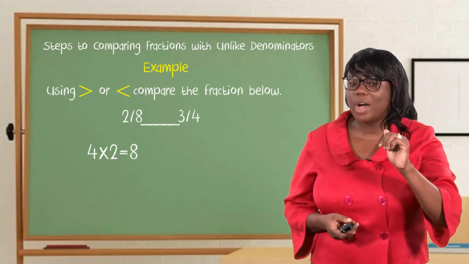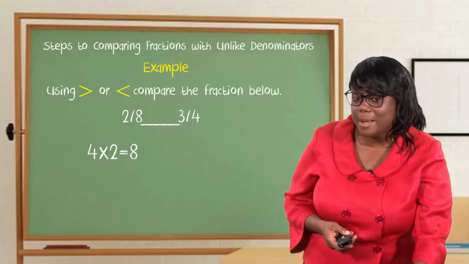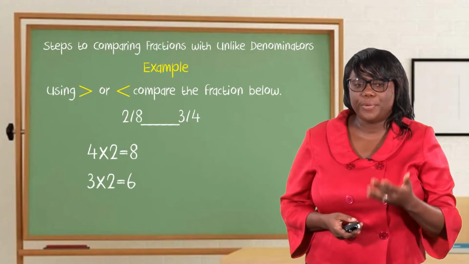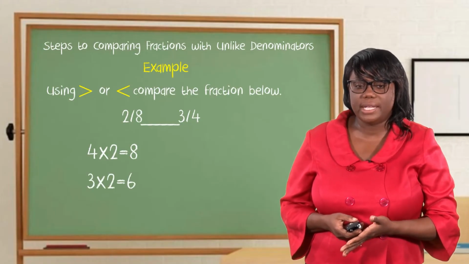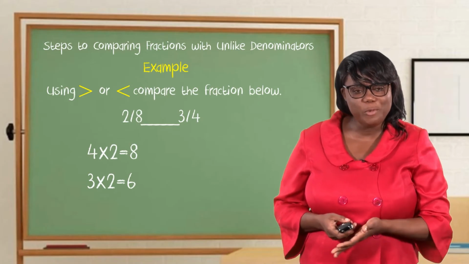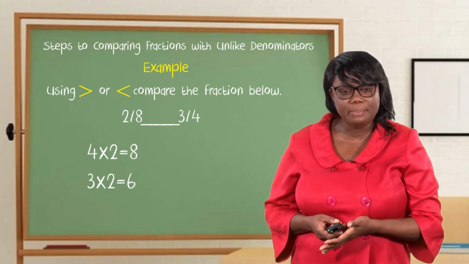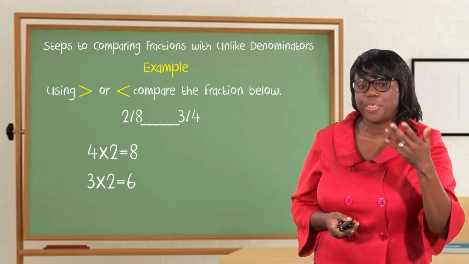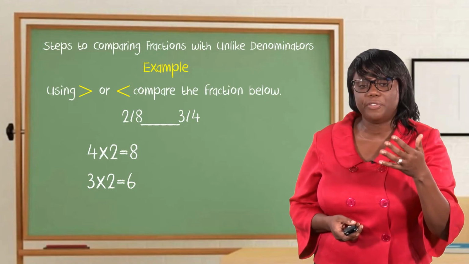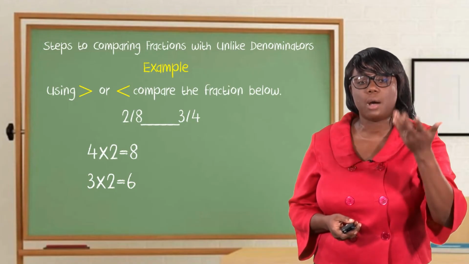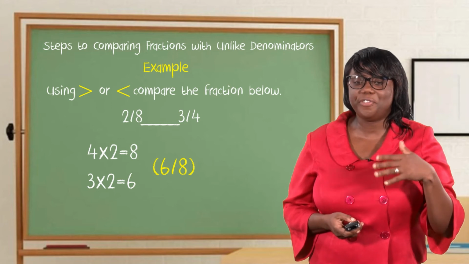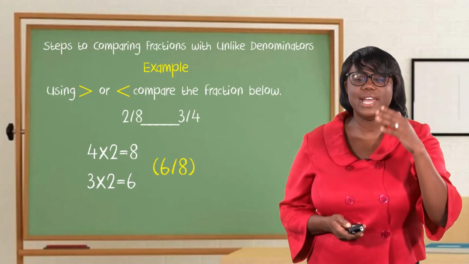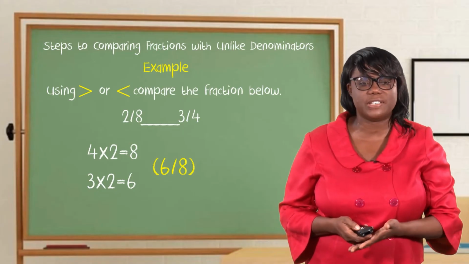Remember, what we do at the bottom, we also do it at the top. So 3 times 2 equals 6. Why did we multiply 3 times 2? We multiplied 3 times 2 because 3 is the numerator in the fraction. It's the number at the top. So the fraction is 6/8.